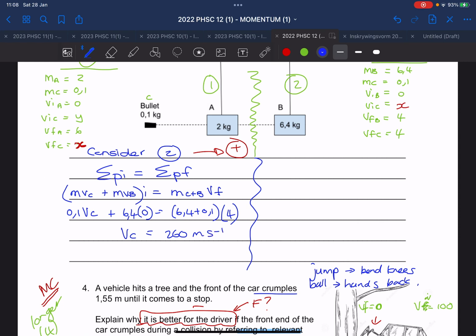And because you get a positive answer, and because we chose to the right to be positive, it is to the right.